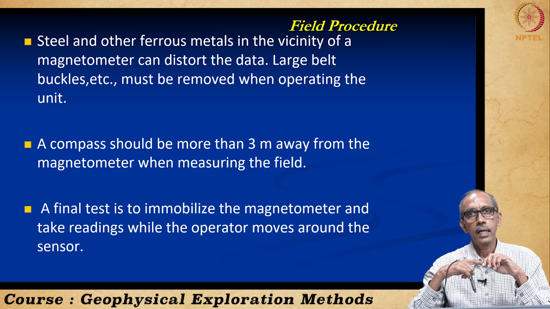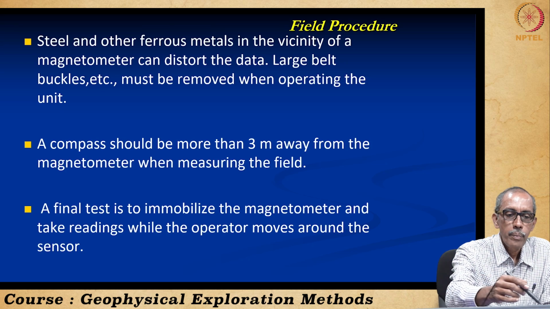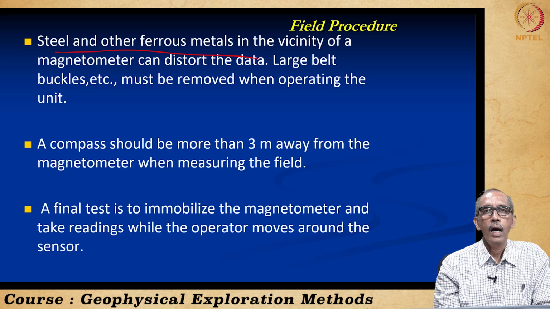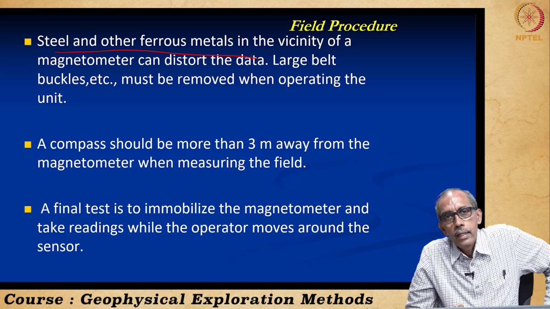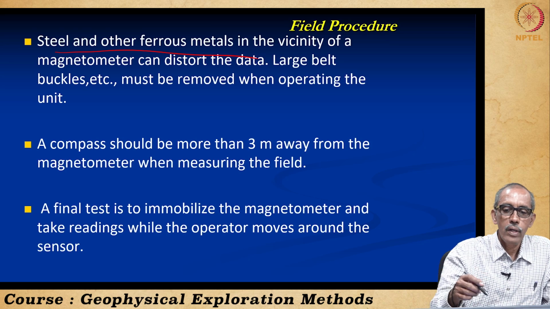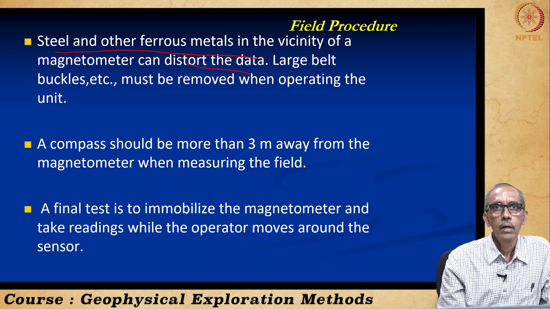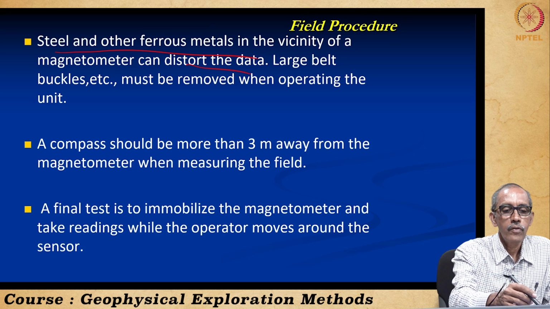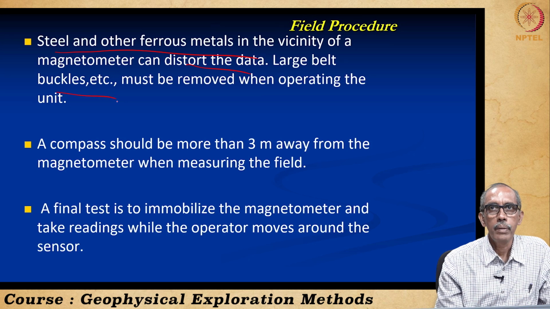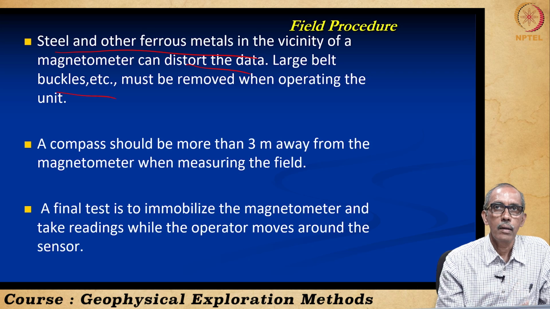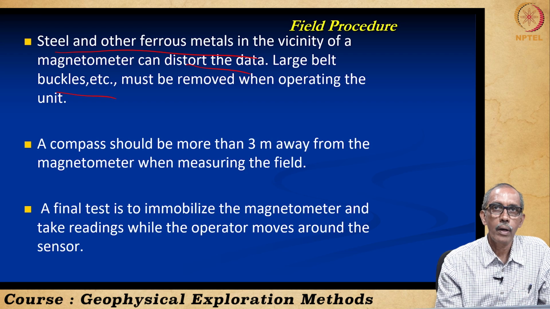And we have seen already that the presence of steel or iron material near the magnetometer will affect the data. So, we have to check ourselves whether we are magnetically clean, whether we are wearing maybe a belt with a buckle made of iron.